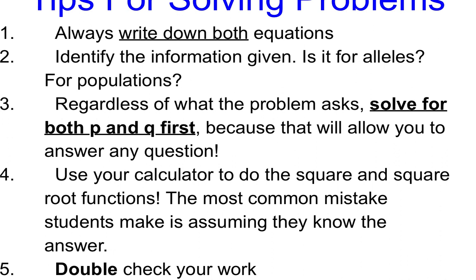Always use a calculator for square and square root functions, because you don't want to make a mistake and then have your problems not add up to 1 because you tried to remember your square roots. The most common mistake that students make is assuming they can square and square root everything in their head.